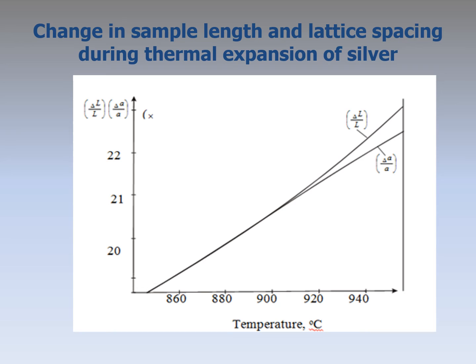We can also apply another indirect method of determining the concentration of vacancies. At low temperatures, the electrical resistance increases linearly with temperature. At high temperatures, the experimental points don't fall on a straight line, giving a positive deviation.